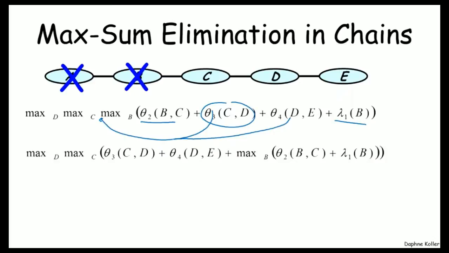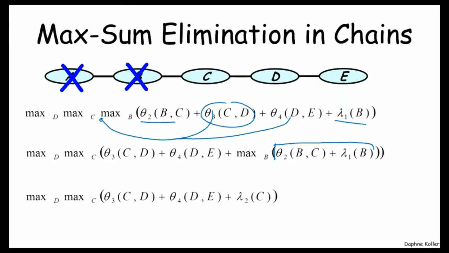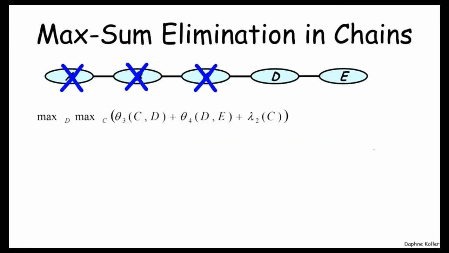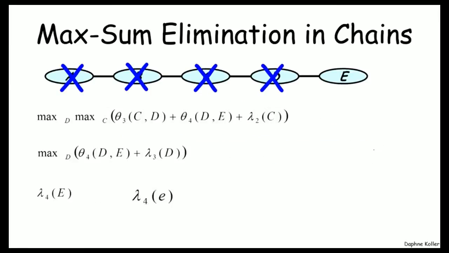And that's going to give me a max over B of a factor that is the sum of the two factors theta 2 BC and lambda 1 of B that I got from the previous elimination step. And that's going to give me a new factor, lambda 2 of C, and the process continues in exactly the same way as variable elimination did for the case of sum product. And that's basically the algorithm.